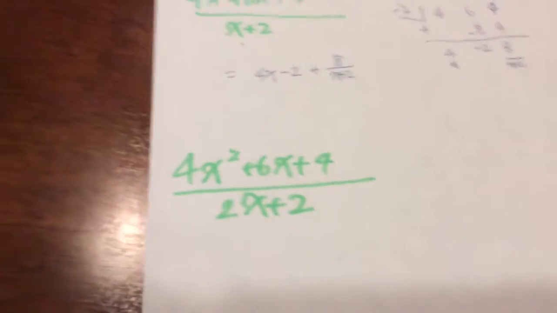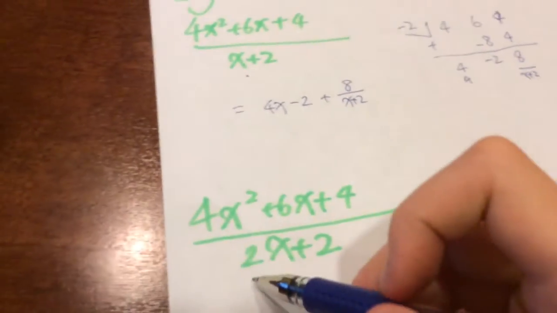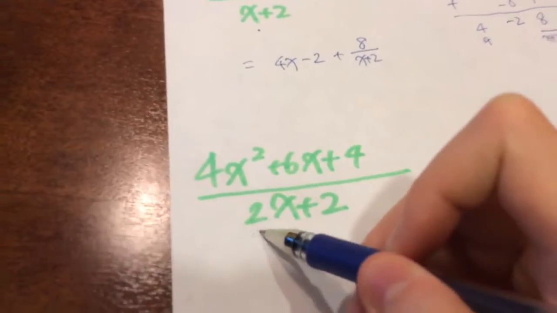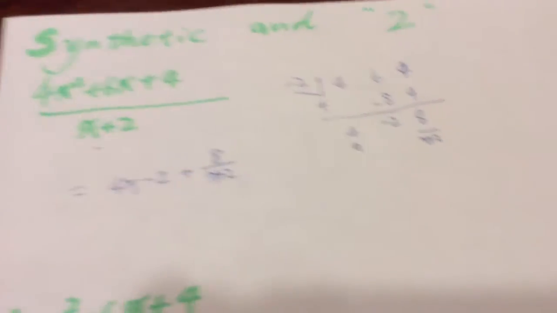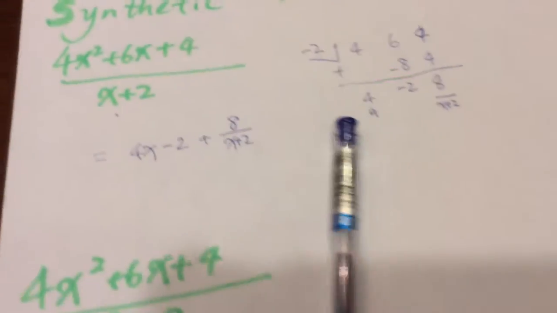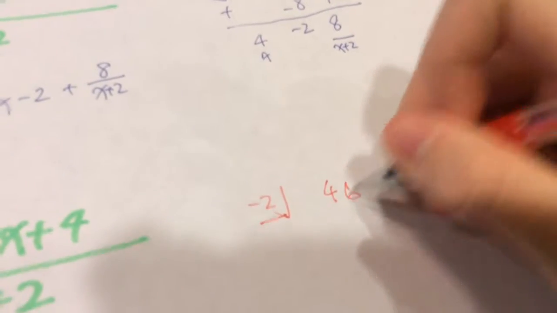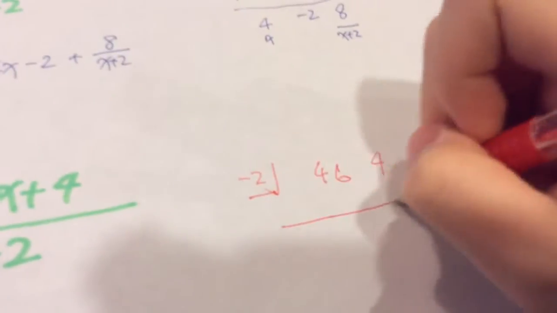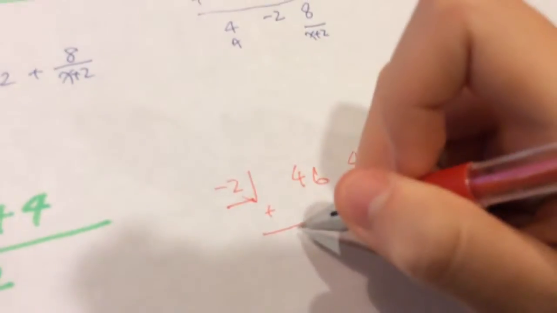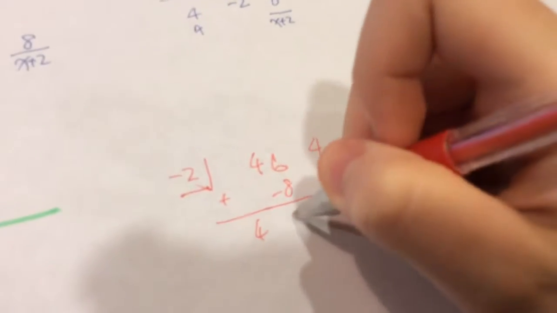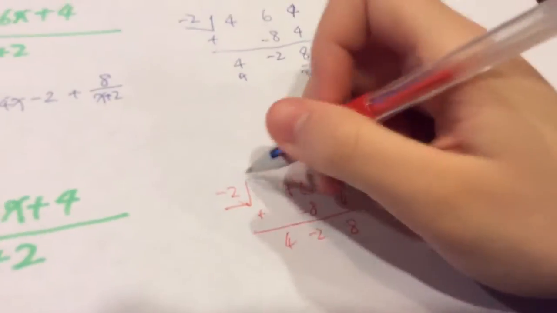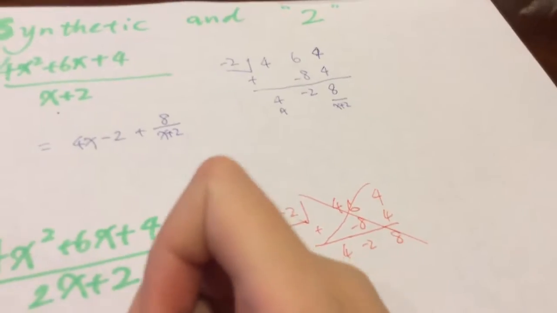Okay, but what would happen if the coefficient of the x here is not 1 but 2 instead? What's wrong would be if you just do negative 2 and 4, 6, 4, and you divide it and you plus... no, this would be wrong because the number here is 2, not 1.